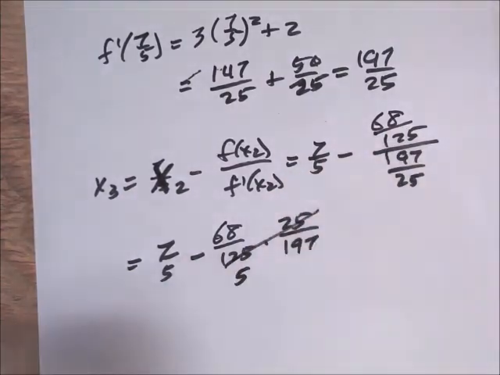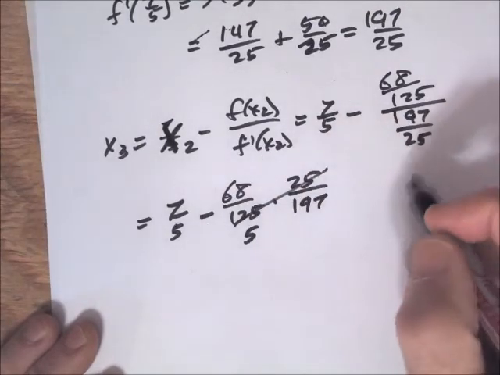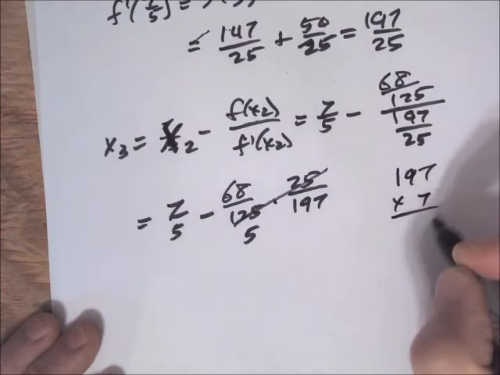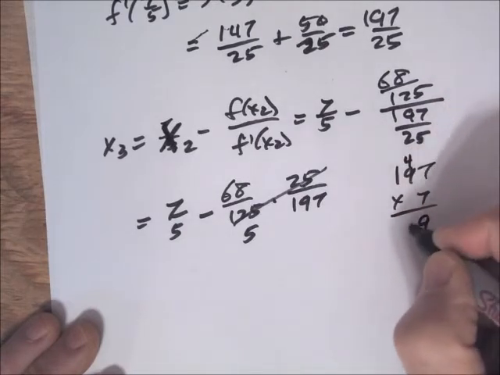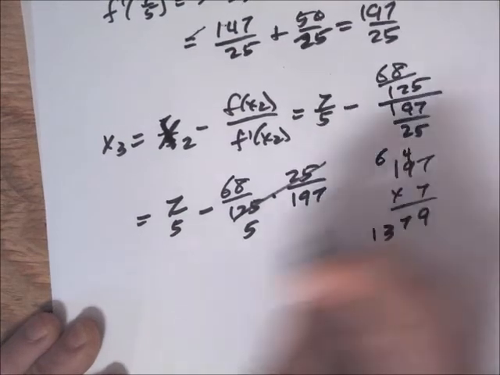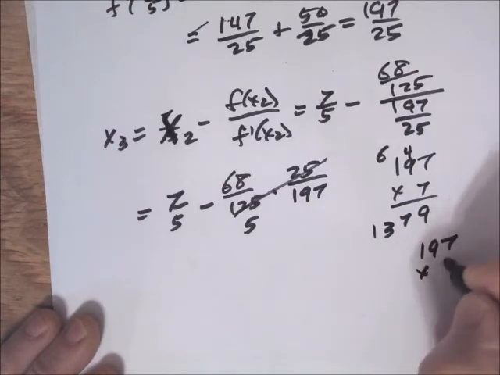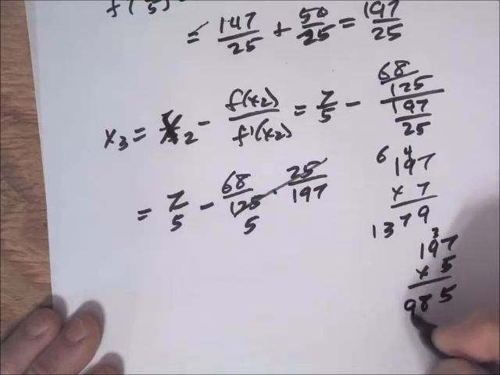And 25 into 125 goes 5 times. And we need a common denominator, so we'll multiply top and bottom of the first fraction by 197. 197 times 7 is 1379. And then 197 times 5 is 985.